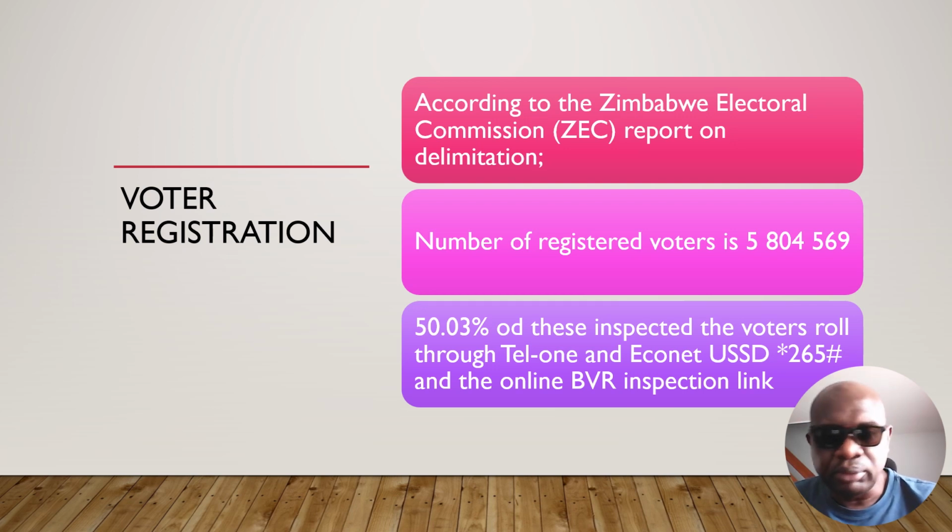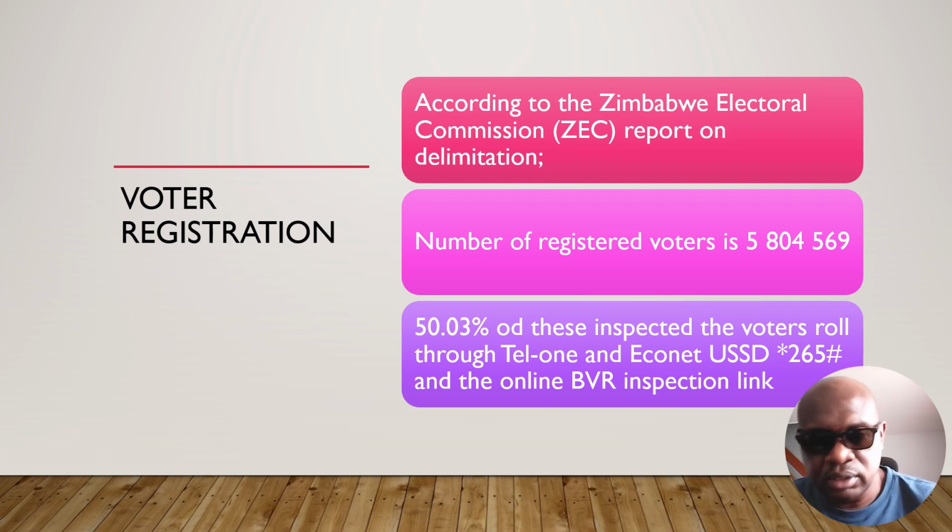I will say something about the voter registration. According to the Zimbabwe Electoral Commission, ZEC, reported on the delimitation, the number of registered voters is 5,804,569.